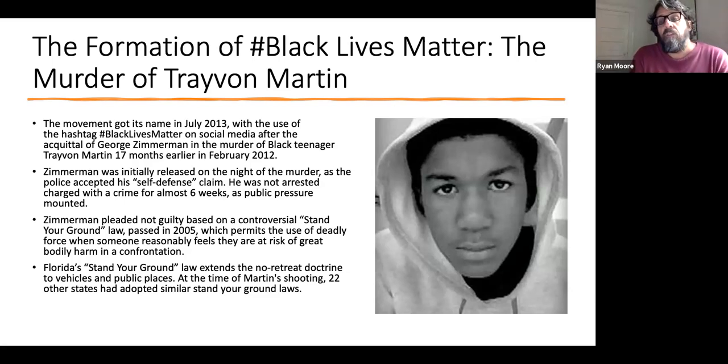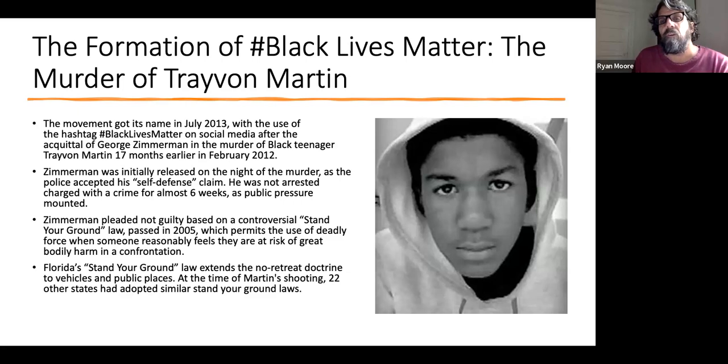These Stand Your Ground laws are fairly commonplace in different American states, especially the ones that are more conservative and dominated by Republican legislatures. At the time of Martin's shooting, 22 other states had adopted similar Stand Your Ground laws. These laws are actually written by a conservative legislative body.